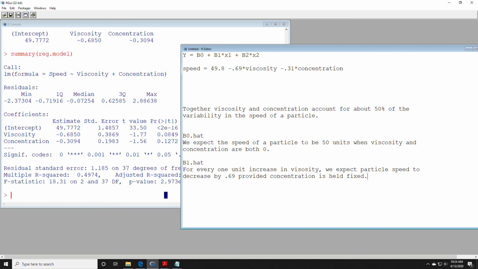So basically, I don't care what the concentration level is, but as long as concentration level is fixed, if I only change the viscosity by 1 unit, then I expect this result.